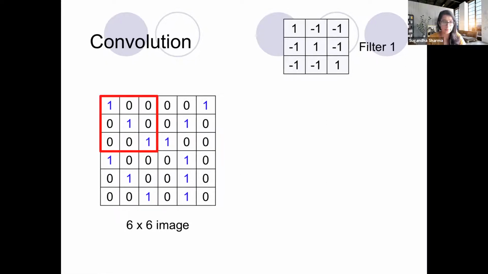What we do is compute the element-wise multiplication of each of the elements in the filter and the corresponding region in the input image, and then sum them up, and that gives us one number. We can view this as a dot product of this filter with this region of the image, which is of the same size as the filter. That gives me one number, so this full region has been converted to just one number instead of a 3 by 3 matrix.